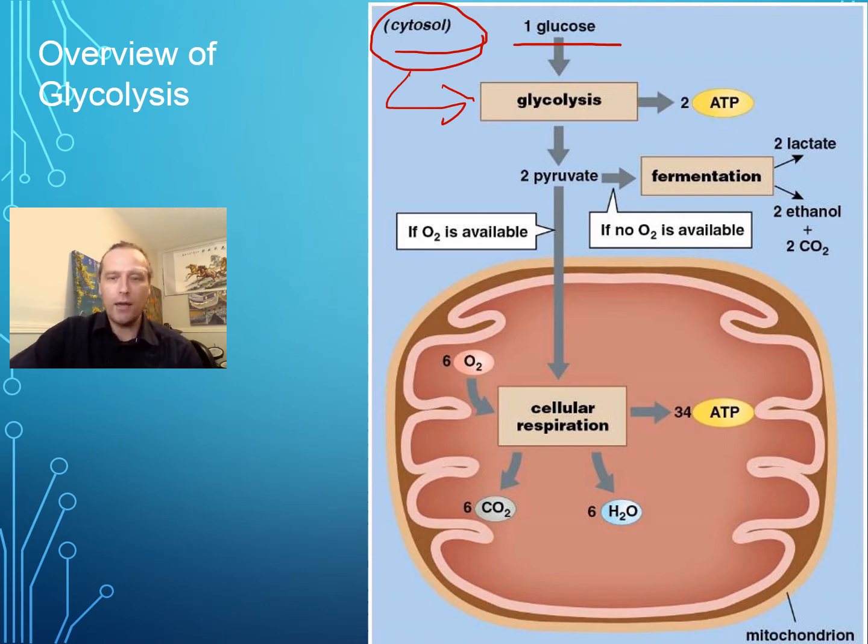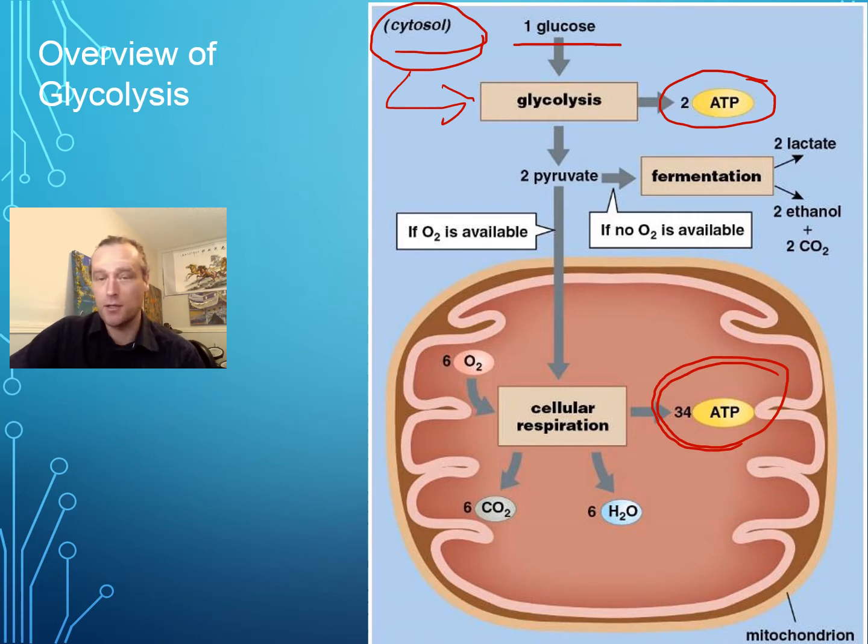Glycolysis happens to it, and we get a low yield of ATP, 2 ATP. And if you're not sure why that's low, well, let's look in the mitochondria, the pinkish reddish thing here, circling it now. In the mitochondria, we'll get a total of 34 ATP. So glycolysis is 2 ATP. We definitely can call that a low yield of ATP for one molecule of glucose.